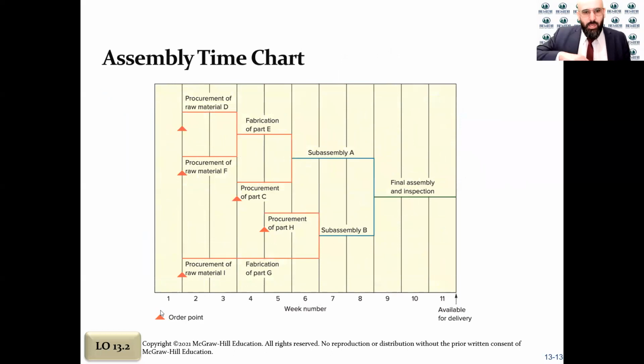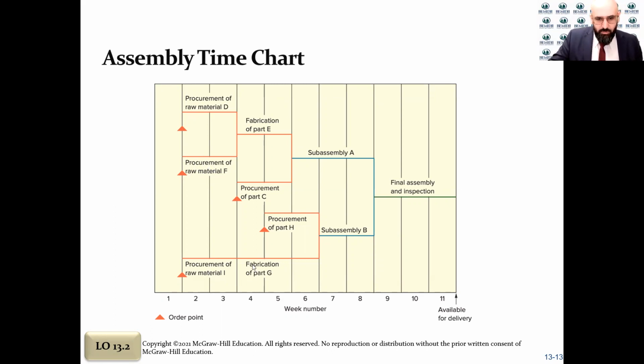All right, let's go back to the assembly time chart, where you find that we need 2 weeks to purchase raw material D, 2 weeks to purchase raw material F, and for raw material I, we need 2 weeks.